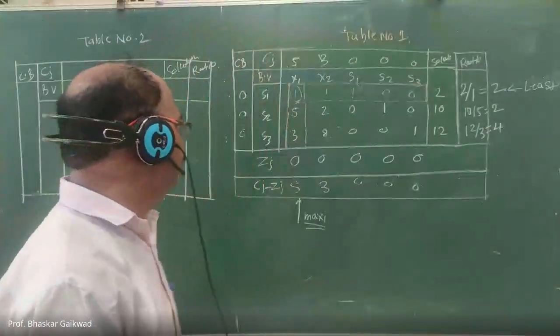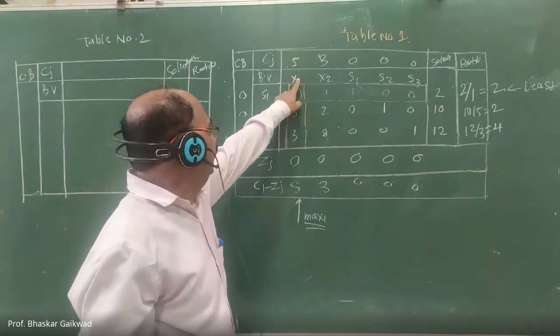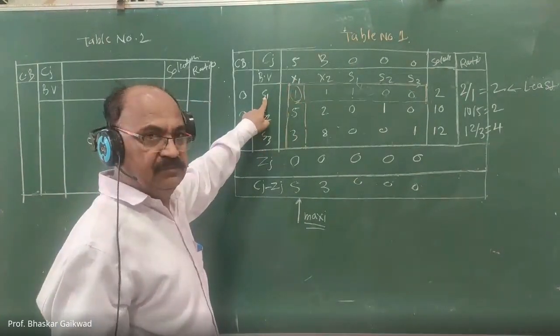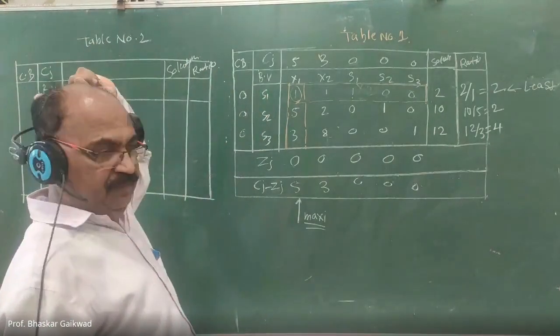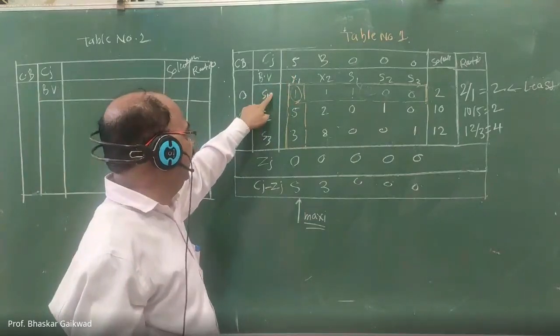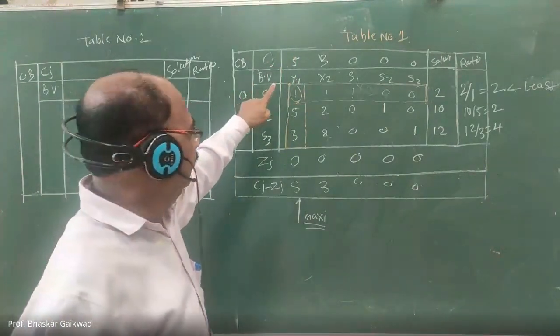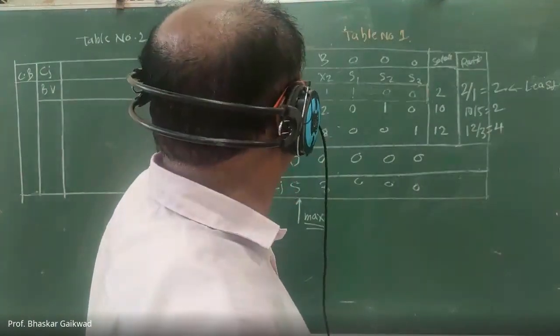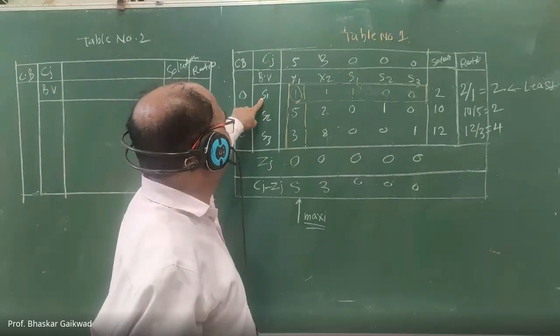Now see here, this is the key element. Replace by this. This is the outgoing variable. This will be removed and x1 will come here, and the corresponding coefficient will be here.